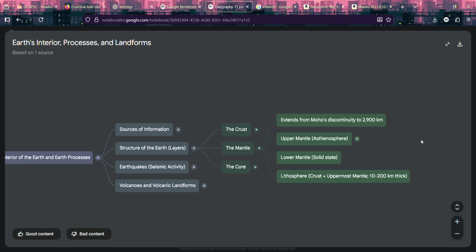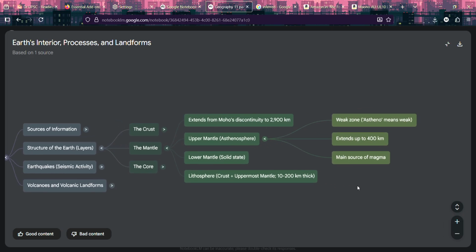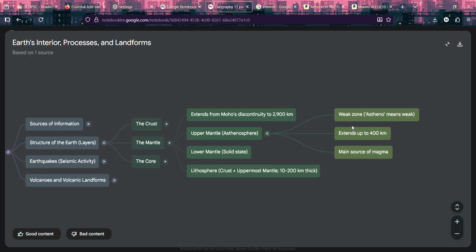The most upper part is called asthenosphere, the upper mantle. It is a weak zone. Asthenos means weak. It extends up to 400 kilometers, and it is the main source of lava. Magma, when it comes to the surface, is called lava.